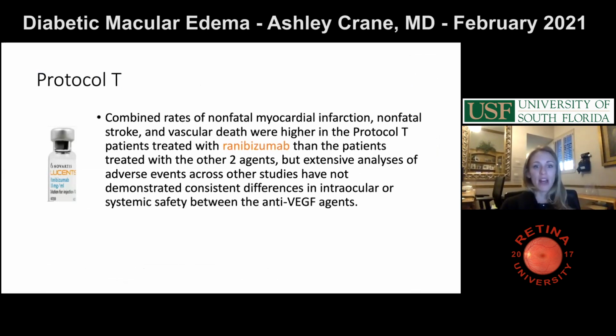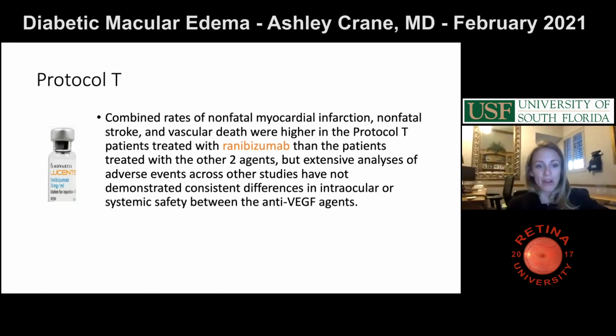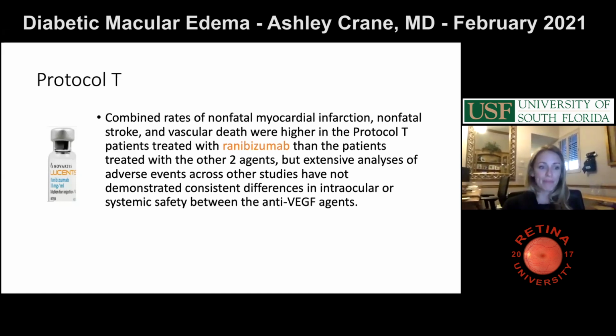But extensive analyses of adverse events on other studies have not shown a consistent difference between those 3 agents in terms of systemic safety. So you might need to counsel your patients if they've had a recent MI or stroke, that this was seen in one study.